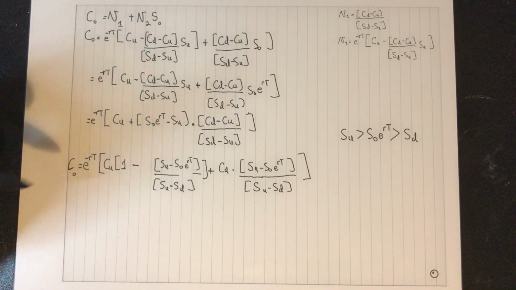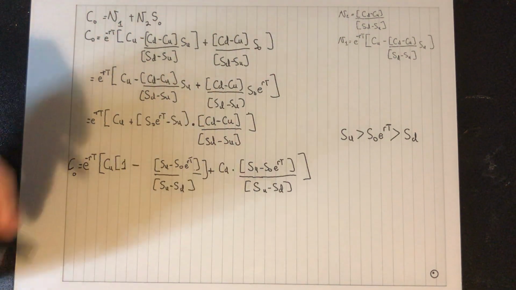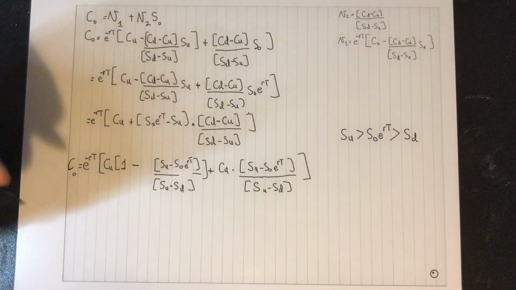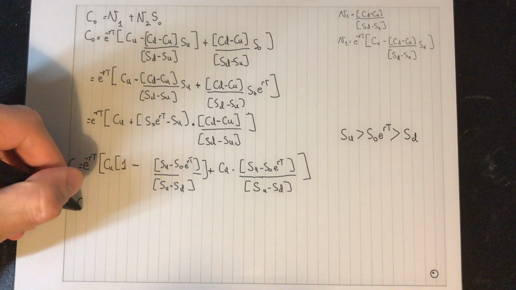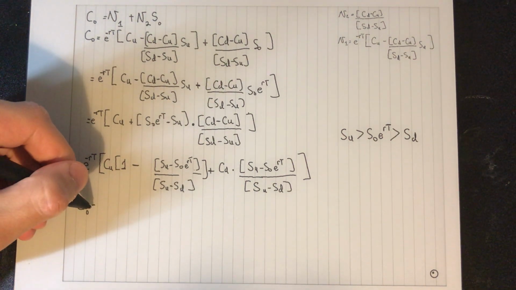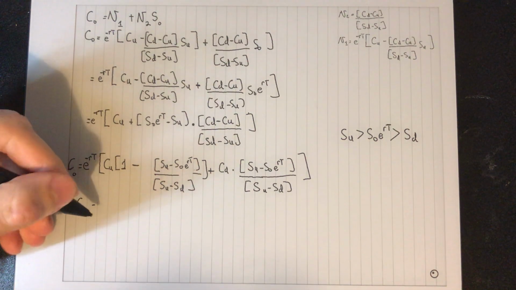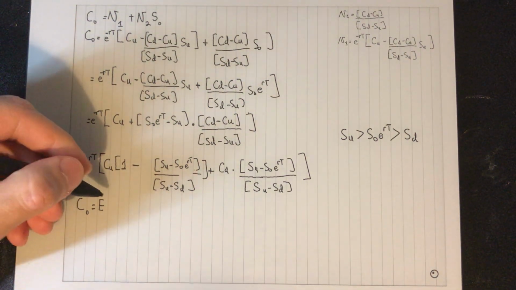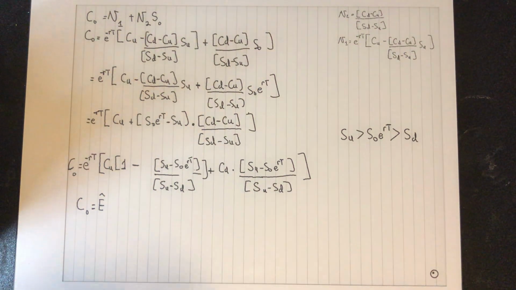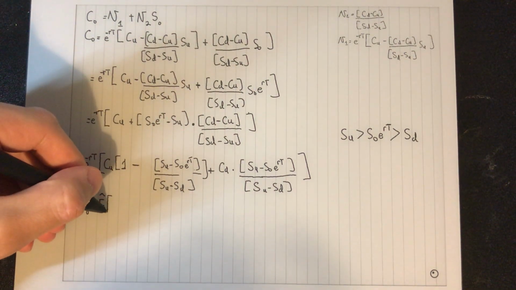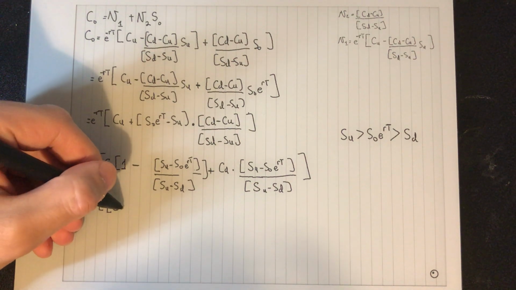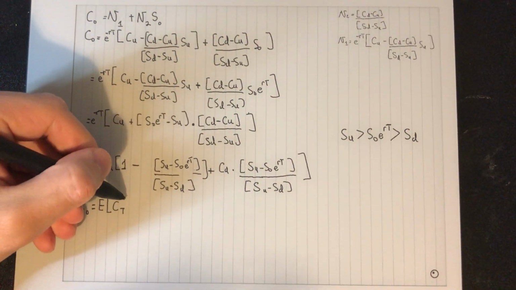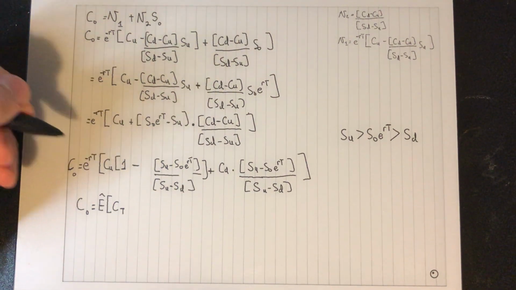Okay, so now we will try to express this in a slightly more compact way. We can say that C0 is equal to the risk neutral expectation of C capital T discounted at the risk-free rate.